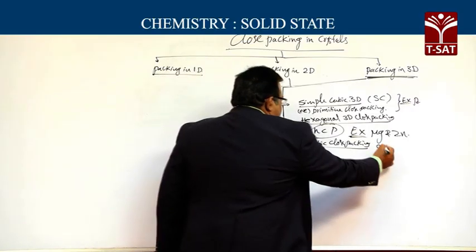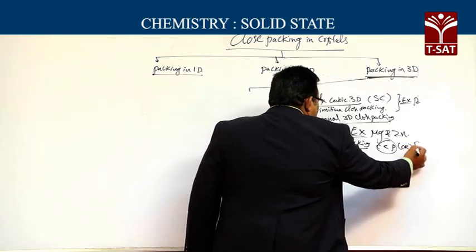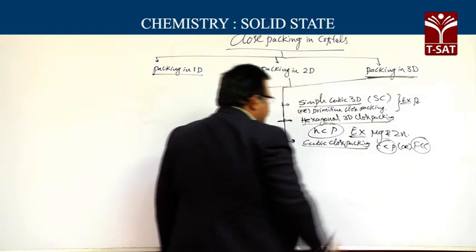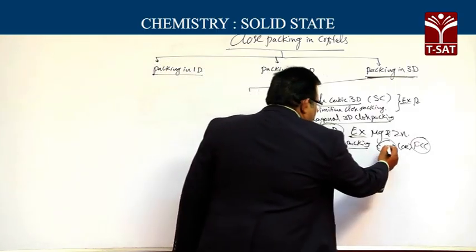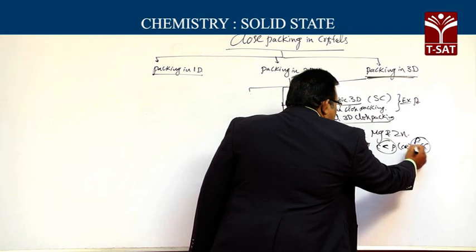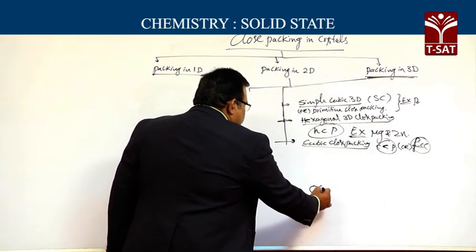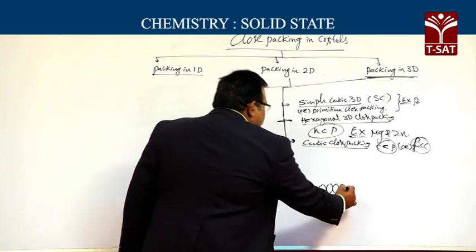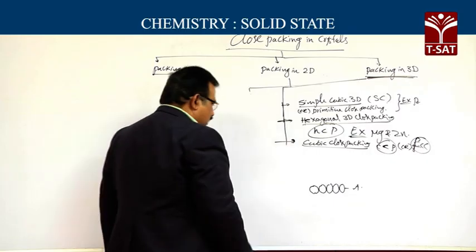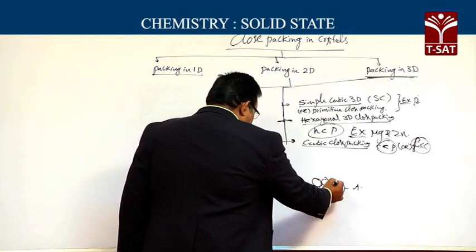This is known as CCP or FCC. Both are same. CCP or FCC. See, this is the one layer, first layer A. Second layer B is filling the depressions of the first layer.